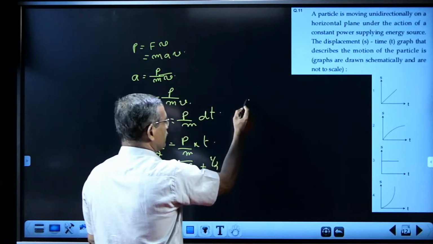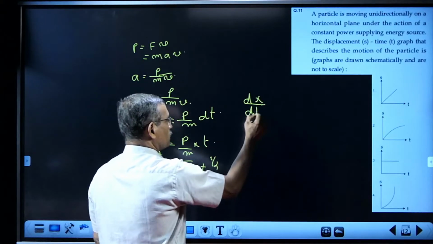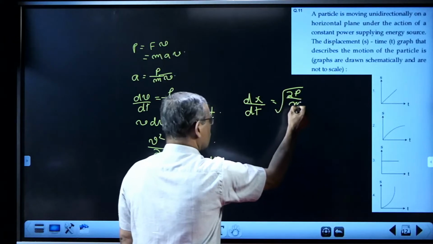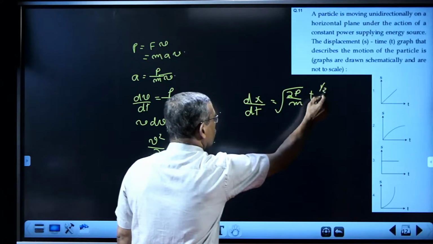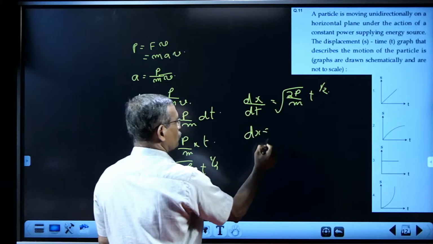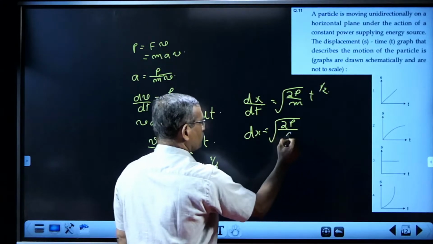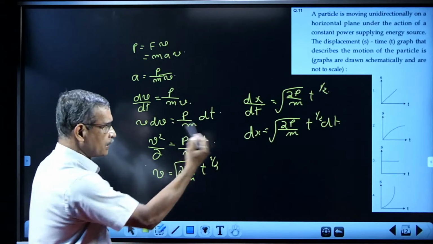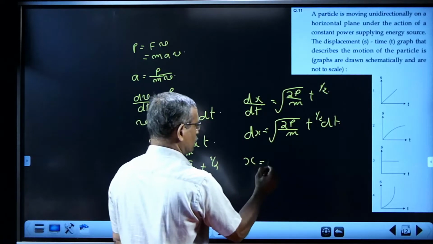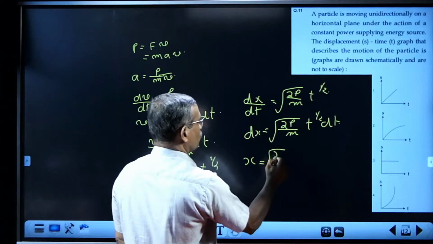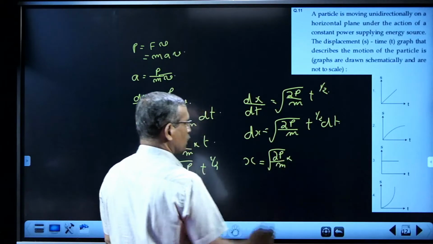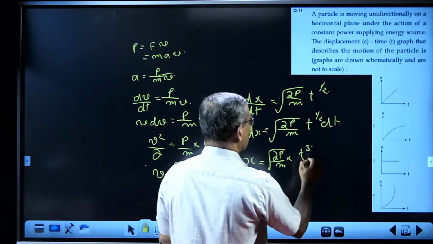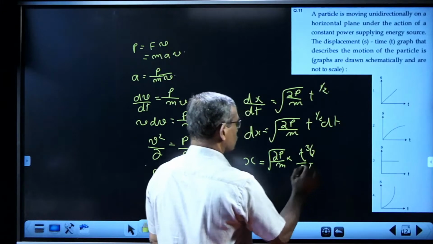Therefore, dx by dt is equal to root of 2P by m into t raised to half. From this, dx is equal to root of 2P by m into t raised to half dt. Integrating both sides, x is equal to root of 2P by m into the integral of t raised to half, that is equal to t raised to 3 by 2 by 3 by 2.